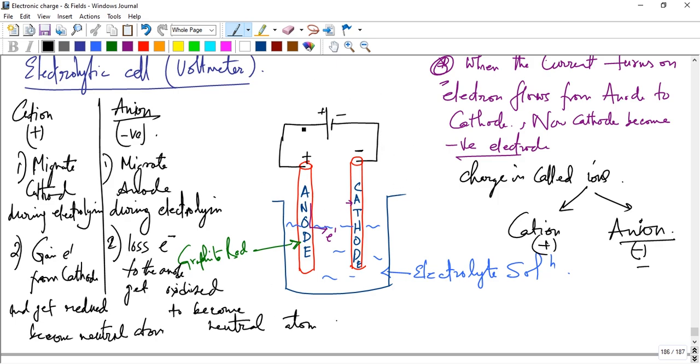Now before that there is a bunch of positive charge here and a bunch of negative charge here, and same circuit, the same cell.